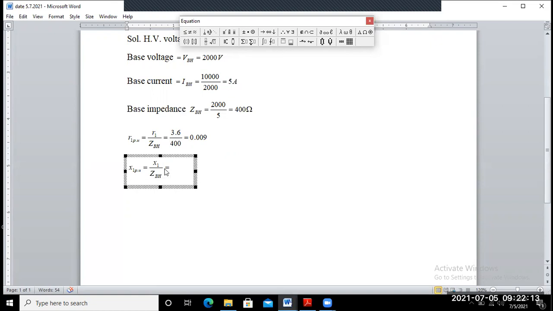So 5.2 divided by 400. So when you divide 5.2 by 400, it becomes 0.013.